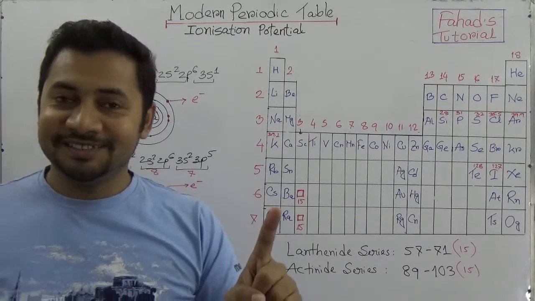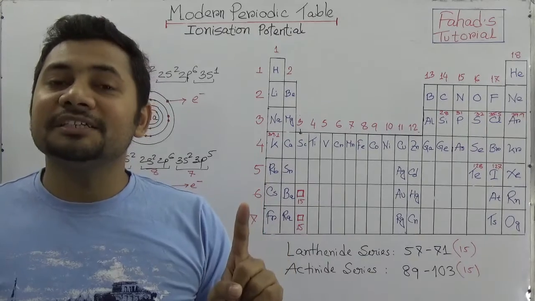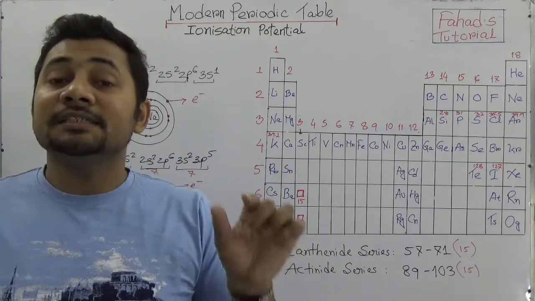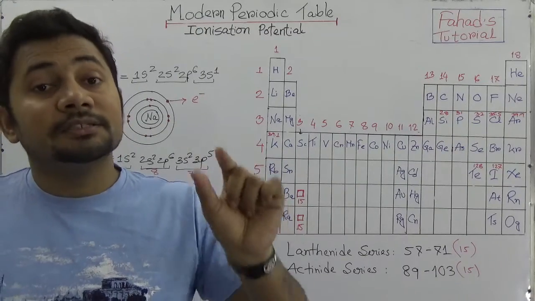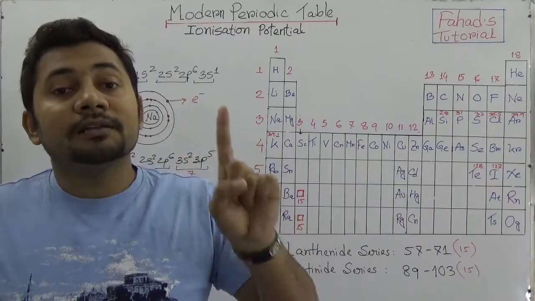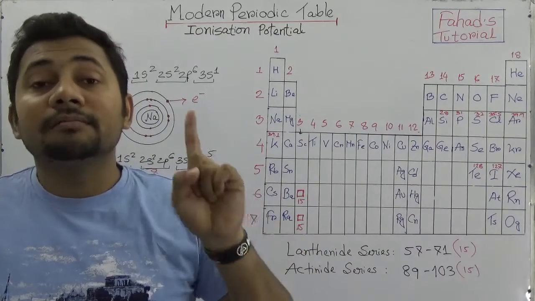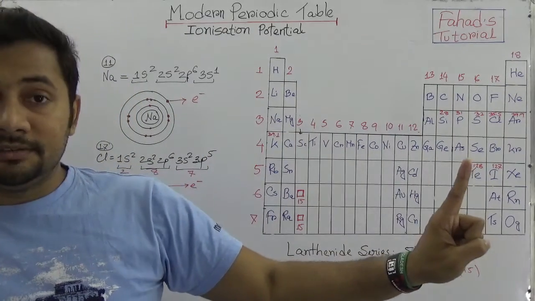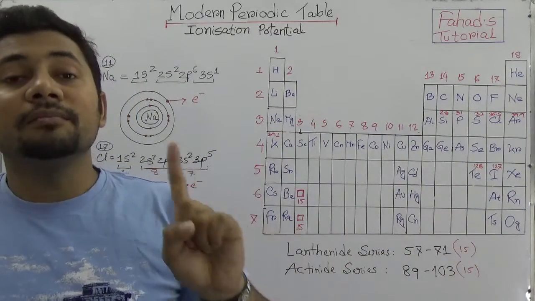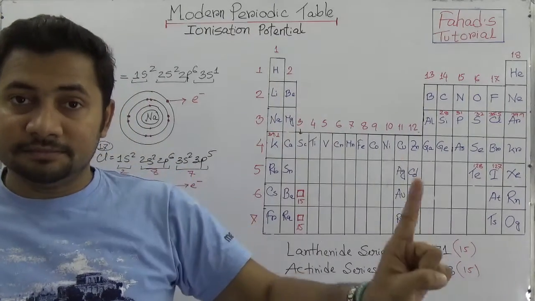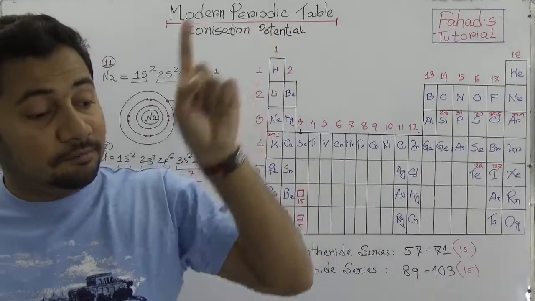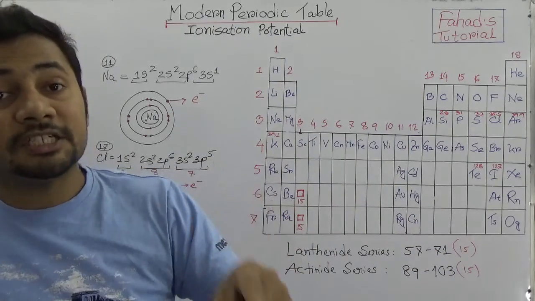I'm repeating it. Do you understand? The definition of ionization energy is the energy required to transform 1 mole of positive ion, removing 1 mole of electron from 1 mole of atom in its gaseous state.